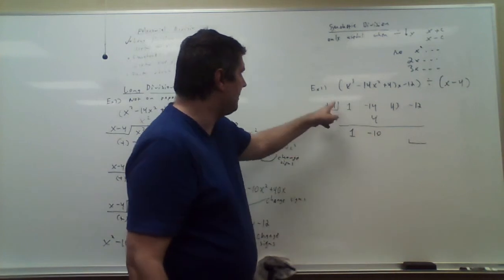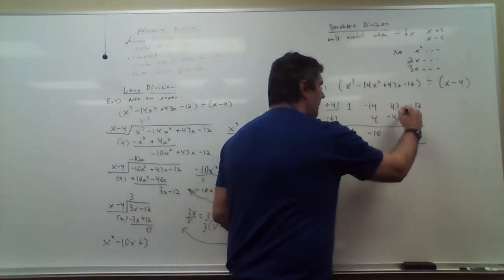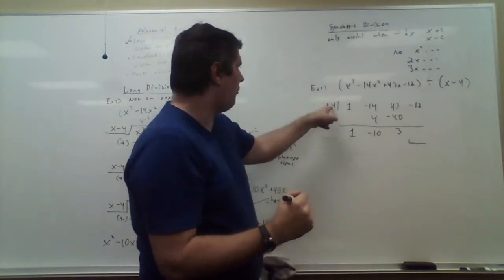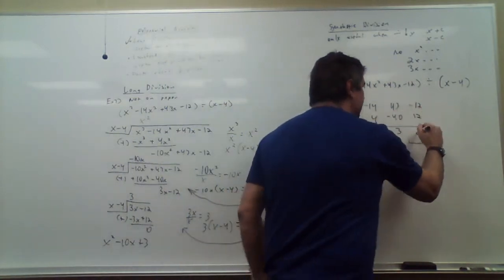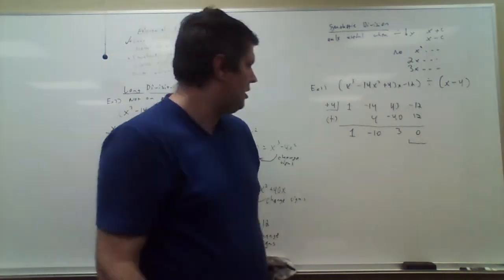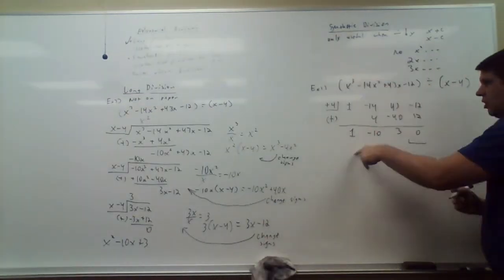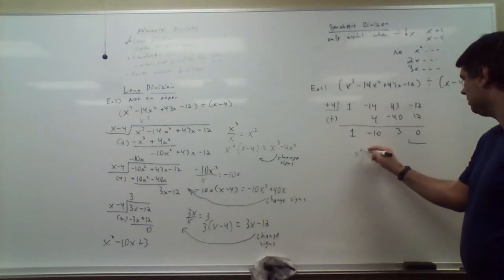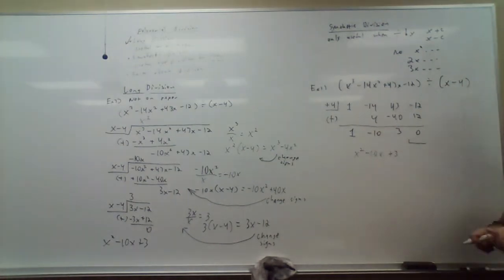So negative 10 times 4 is negative 40. Boing. 3. 4 times 3. Boing. 12. 0 is your remainder. So the power of x was x cubed originally, so we will start with 1x squared, and then minus 10x plus 3.